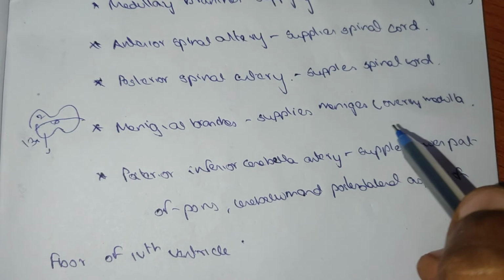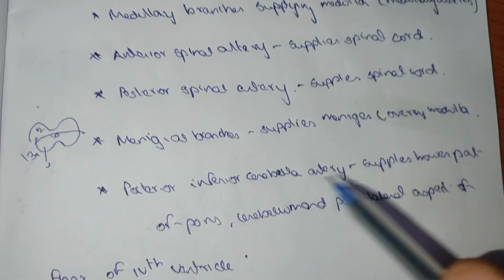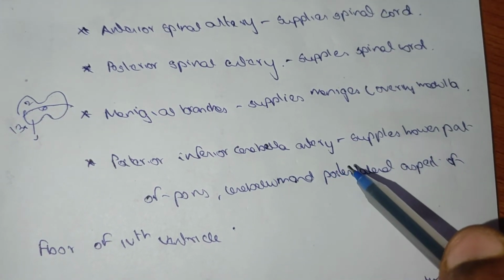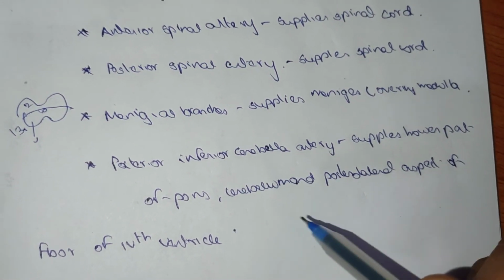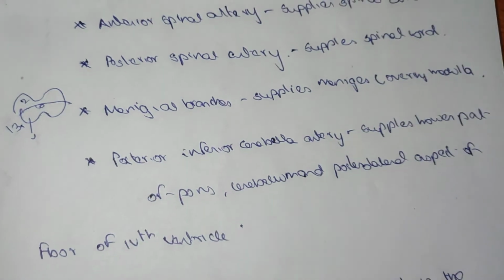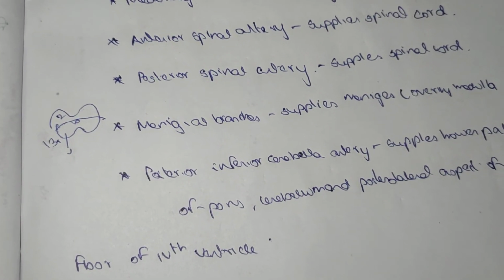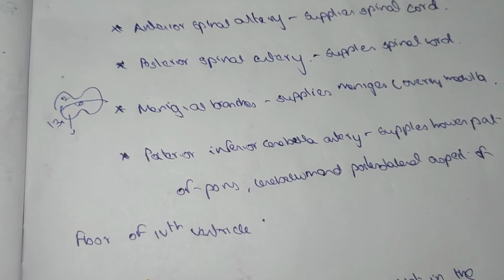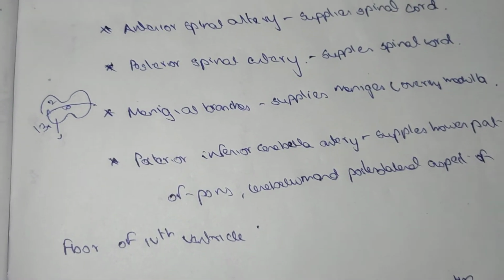Meningeal branches supply the meninges covering the medulla. The posterior inferior cerebellar artery supplies the lower part of the pons, cerebellum, and the posterolateral aspect of the floor of the fourth ventricle. These are the most important branches of the fourth part of the vertebral artery.